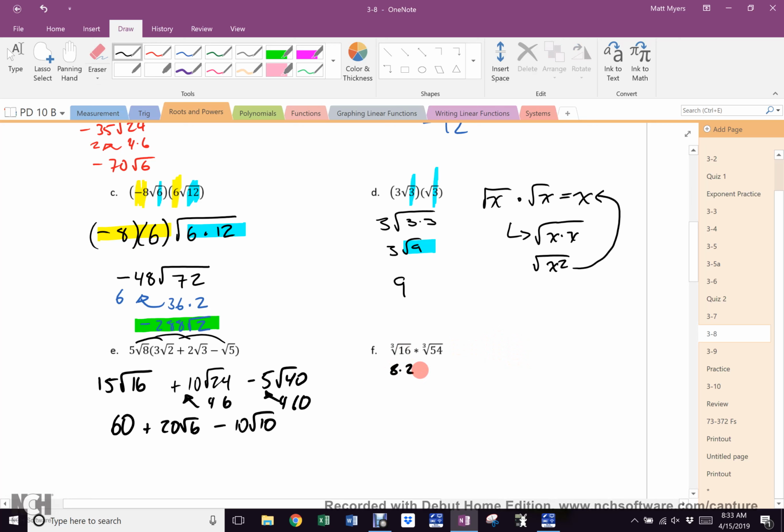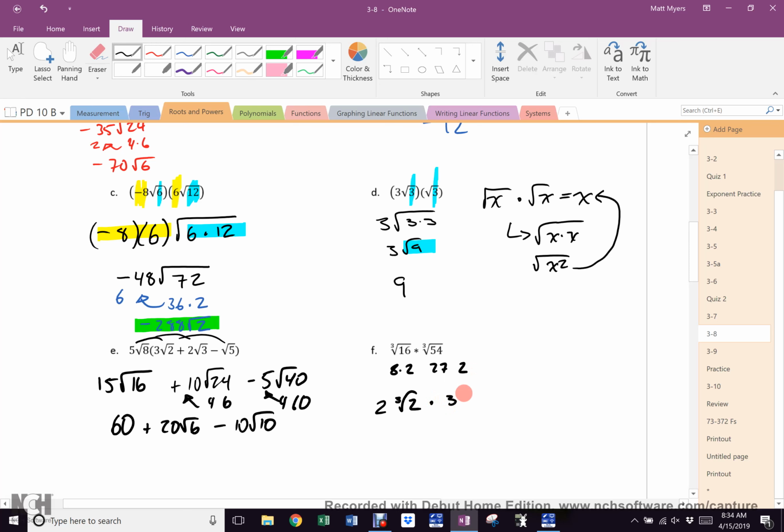What is that? That's 8 times 2, right? Why'd I choose 8? It's a perfect cube. What's the cube root of 8? So isn't that 2 cube root 2? What's 54? You could use 6 and 9, but I would use 27 and 2. Why? 27 is a perfect cube. What's the cube root of it?